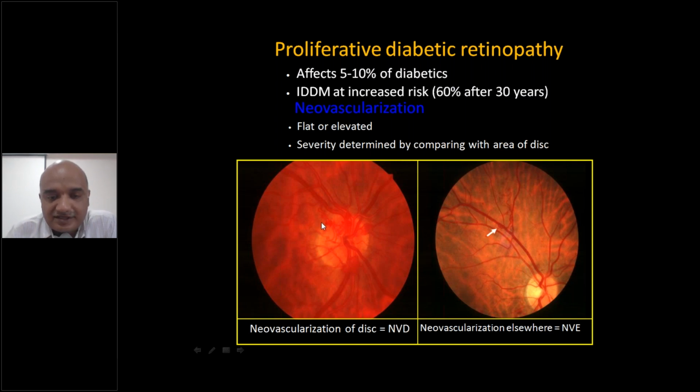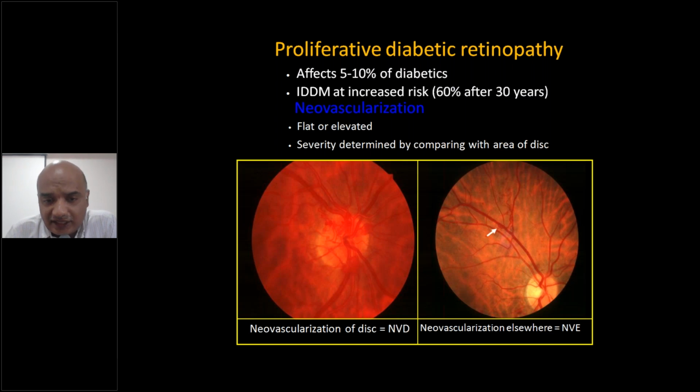So this is called neovascularization of the disc. Similarly, when these new vessels develop in the peripheral arcade or along the blood vessels, apart from the disc, wherever there is new vessel formation, that is called neovascularization elsewhere.